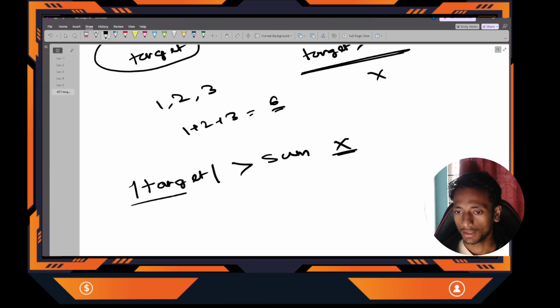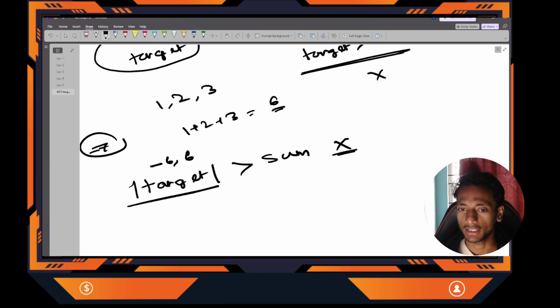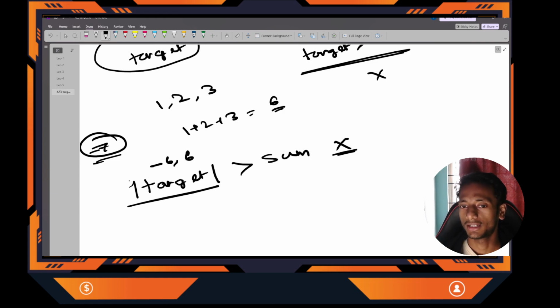The absolute value of target can be -6 or +6. But if it is -7, can we generate any array whose total sum is -7? Not possible, because the maximum negative sum I can generate is -6. So I will handle both situations.